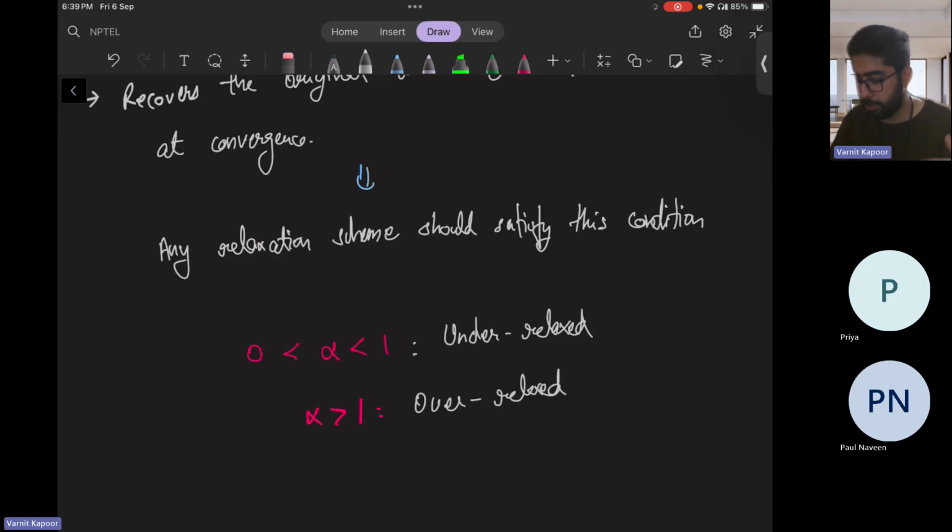You can take alpha values very high as well, but again you have to see that your solution shouldn't diverge. It should always converge. So it cannot be like you take 100 as alpha for over relaxation because you want the simulation to end within a fraction of a second.